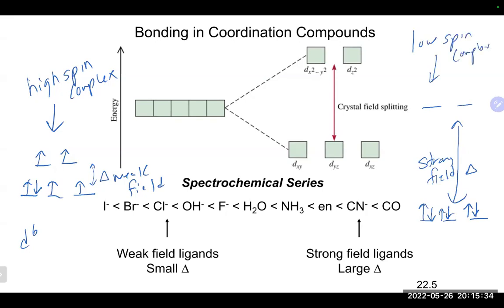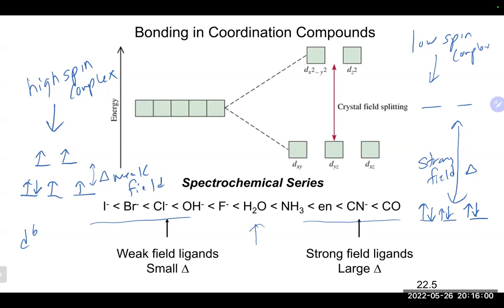And this is what is considered a low spin complex. It's a very common question with crystal field splitting: how many unpaired electrons do you end up with? And it is the ligands that determine that. So here's the split. We have these ligands on this side, which would be strong field, and these on that side, which would be weak field. We have some in the middle, which can go either way, to be honest with you.